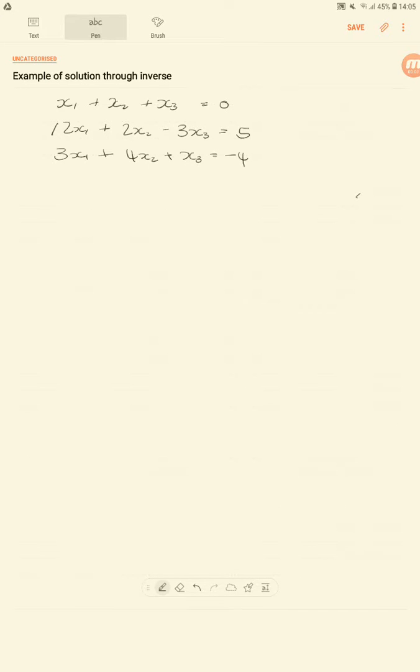In this video, I will give an example of how to find a solution to a system of linear equations using the inverse of a matrix. So if we have the following system of equations, x1 plus x2 plus x3 is equal to 0, 12x1 plus 2x2 minus 3x3 is equal to 5, 3x1 plus 4x2 plus x3 is equal to minus 4.